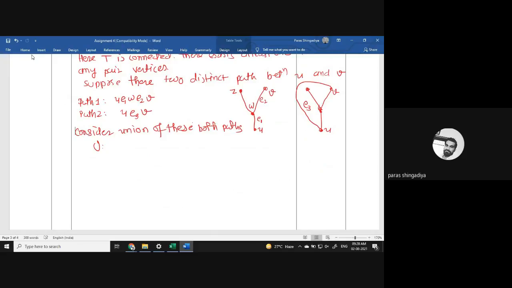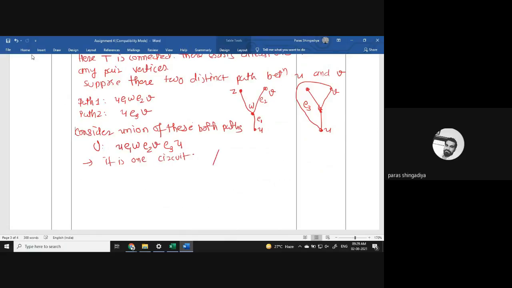Union is equal to U E1 W E2 V E3 U. Okay, that will be the union. When we merge both paths, it creates one path: U E1 W E2 V E3 U, and that is one type of circuit. Okay, and here it is one circuit.